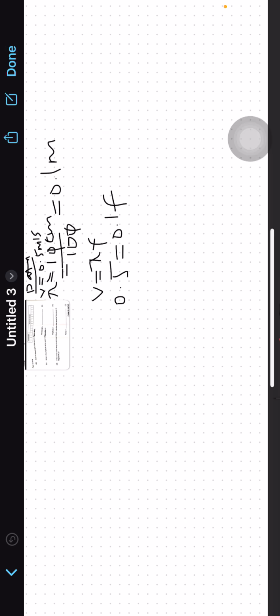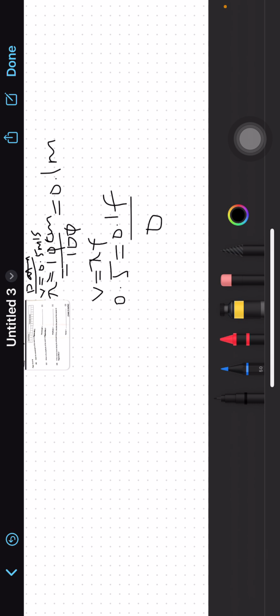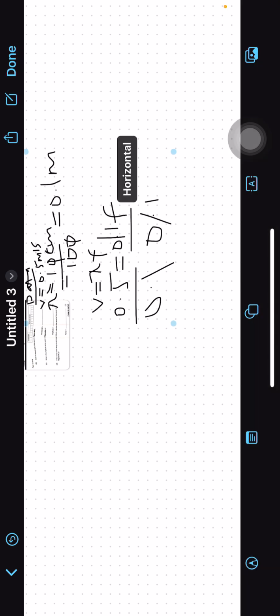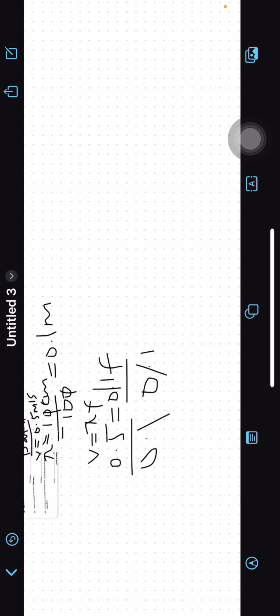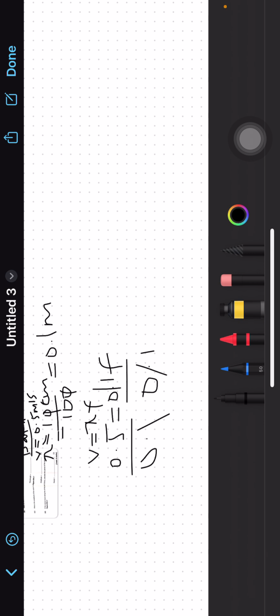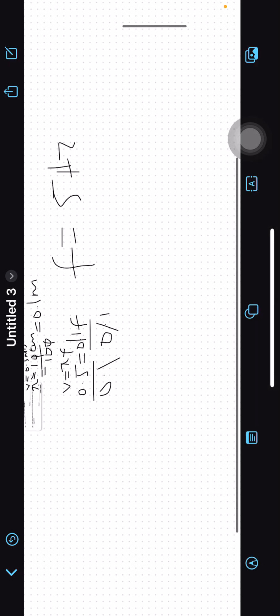So we're going to divide here by 0.1, then there by 0.1, so that the 0.1 and 0.1 cancel out, and then we're going to say frequency is equal to 0.5 divided by 0.1, we're going to have 5 hertz as frequency.